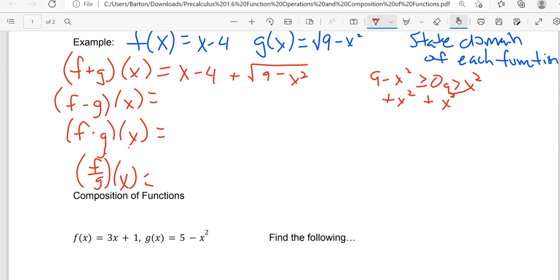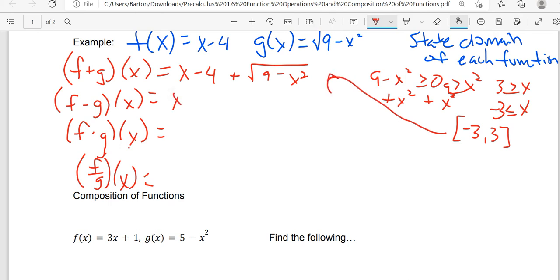Square root both sides, you're going to get 3 is greater than or equal to x, and then we also have to flip both signs. We've got 3 is greater than or equal to x, and negative 3 is less than or equal to x, which is written, it's a bit in betweener, that's negative 3 to 3. It's bracket, so that's going to be the domain for that first one.